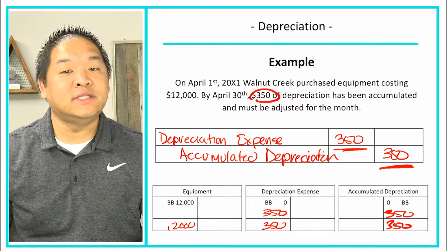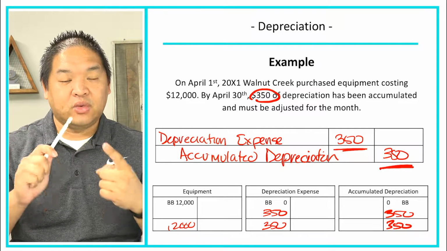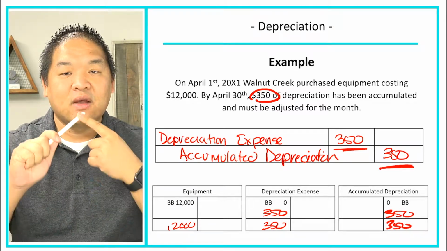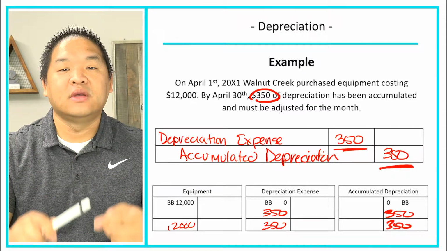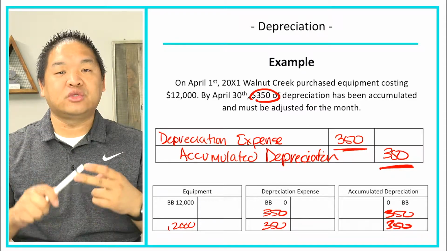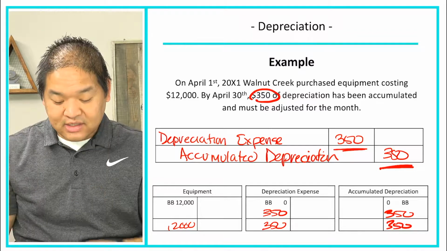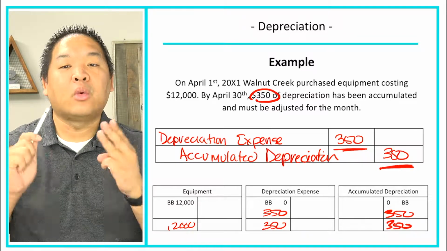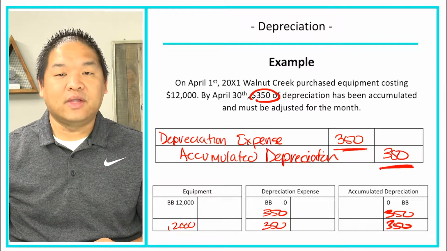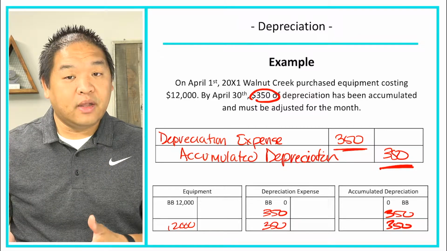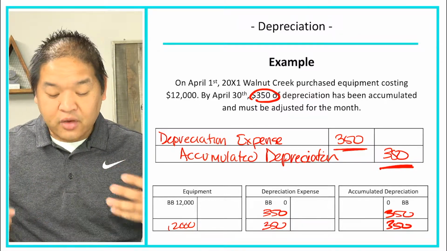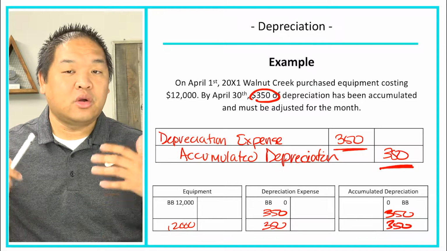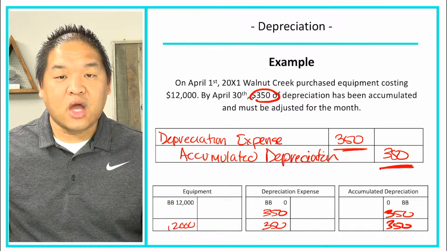Now notice here, we didn't decrease equipment. So we leave the asset at its cost value, in this case, $12,000. But when we do the journal entries, we're going to increase the expense, in this case depreciation expense, and we're going to increase the accumulated depreciation. The accumulated depreciation is going to offset the equipment. So on the balance sheet, it would show equipment at $12,000.